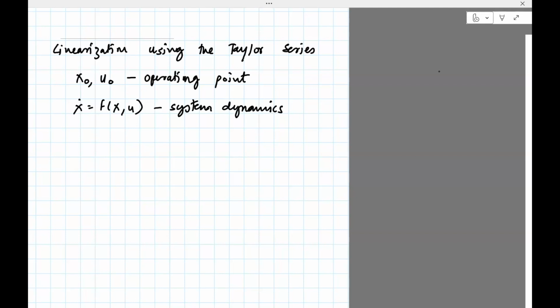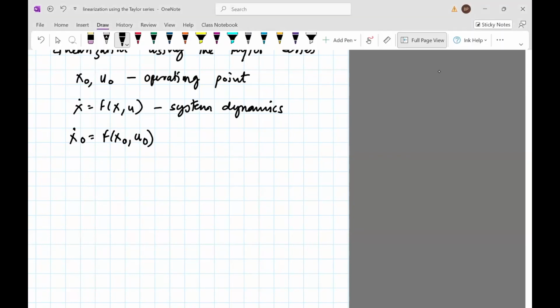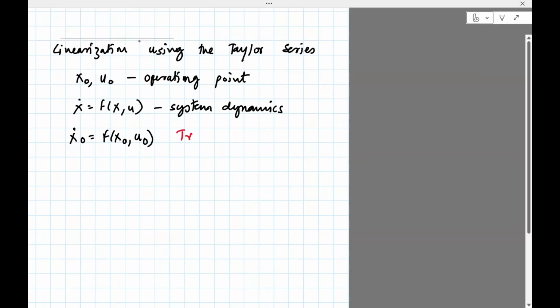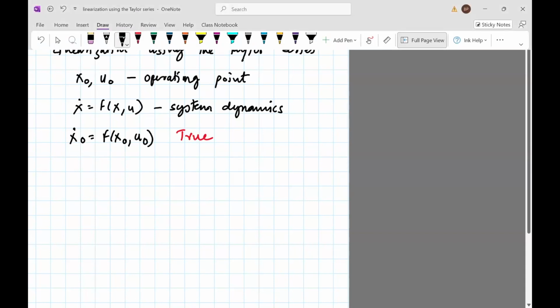If that is true, then this should be true, because after all, x0 and u0 satisfy the equations, since that's an operating point. So this is true.